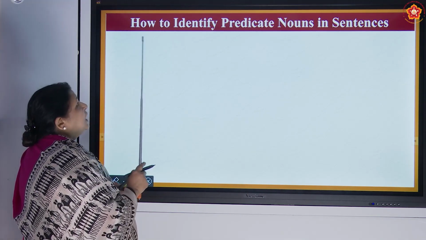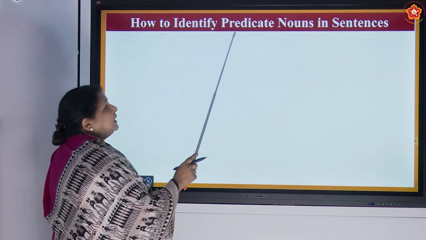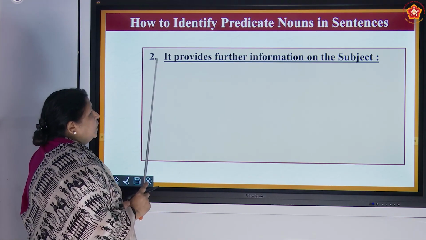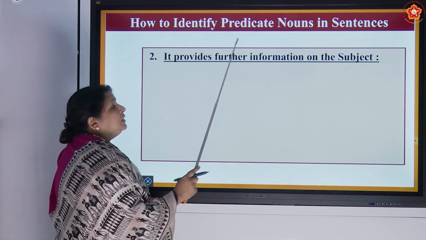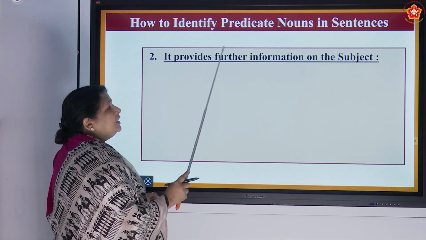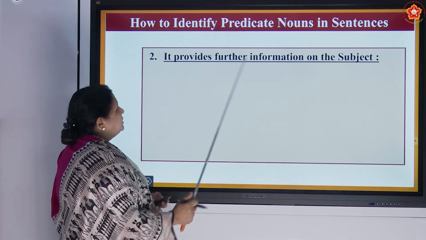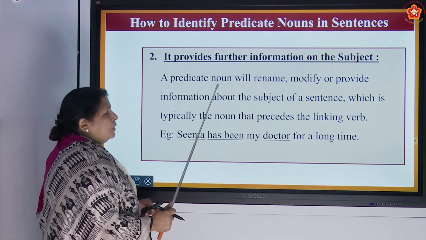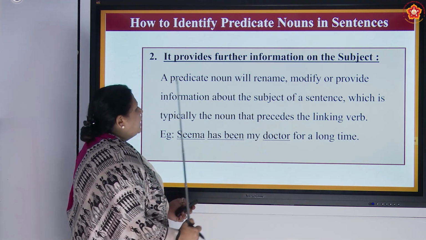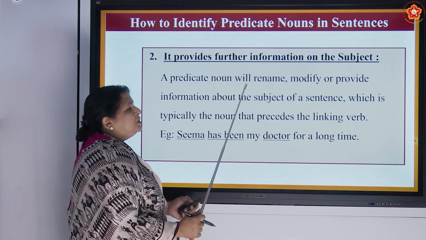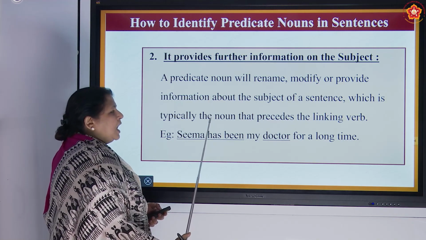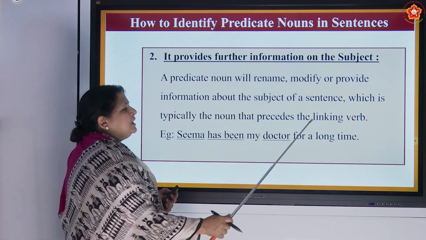Now, let us see how to identify predicate nouns in sentences. Second one, it provides further information on the subject. A predicate noun will rename, modify or provide information about the subject of a sentence, which is typically the noun that precedes the linking verb.